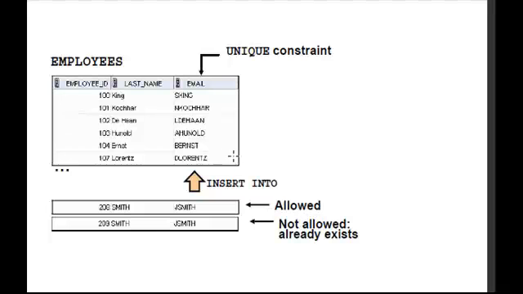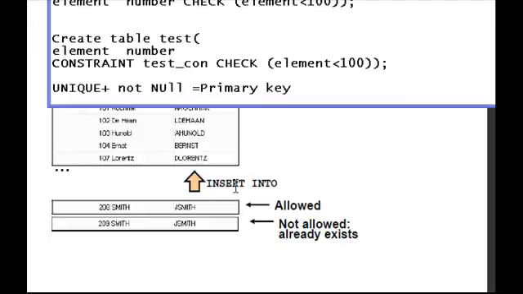The next option is unique. Unique, not null and primary key are pretty close to each other. Unique means you cannot duplicate a key twice, but null is also allowed with the unique option. However, primary key cannot be null. So unique means no duplicates, and not null means it cannot be null.